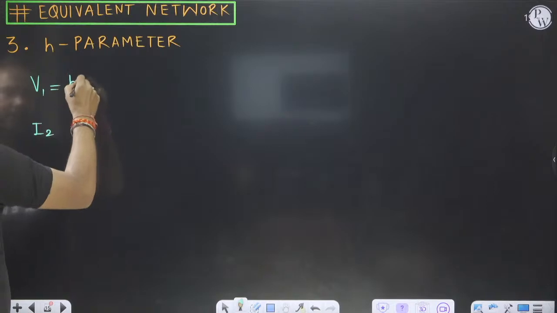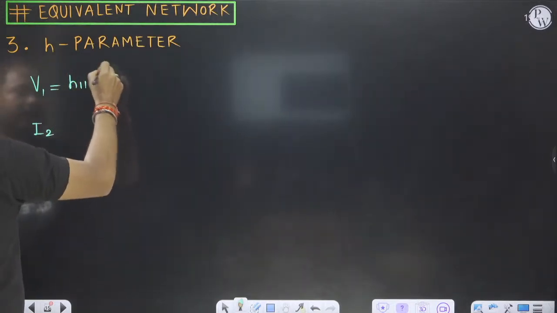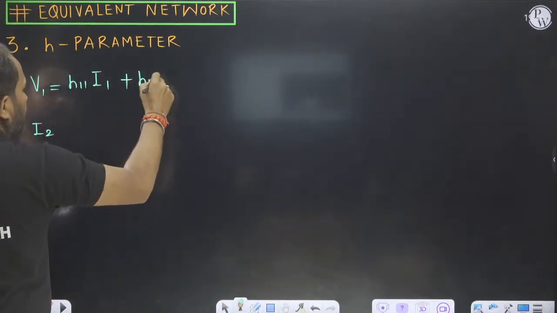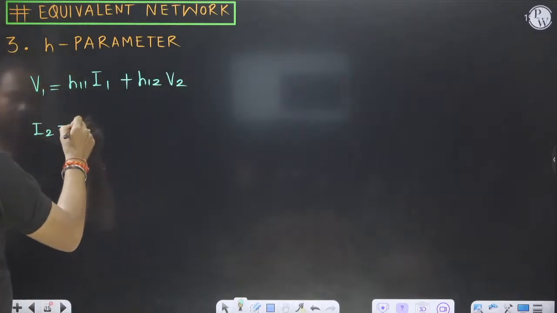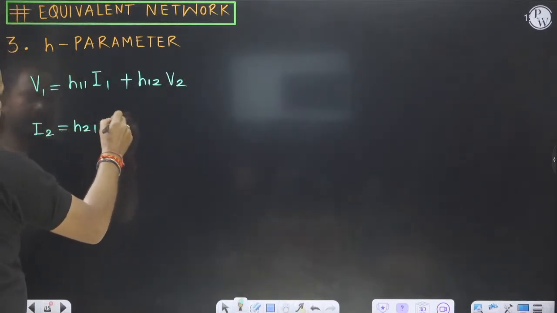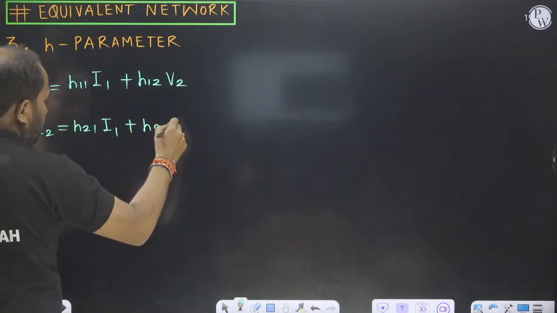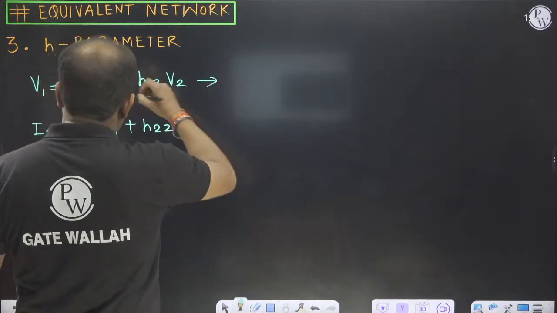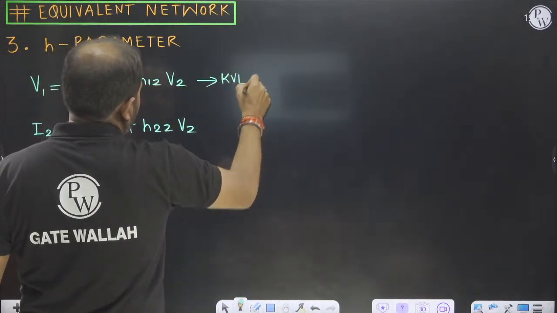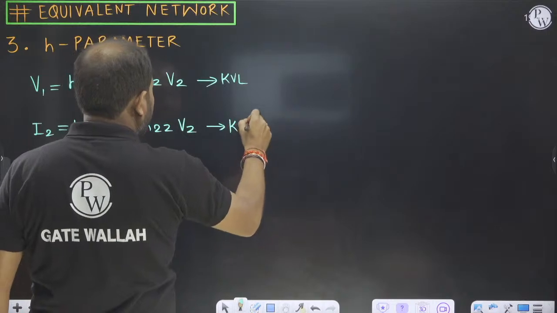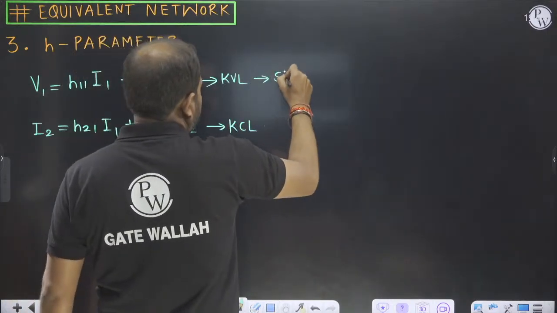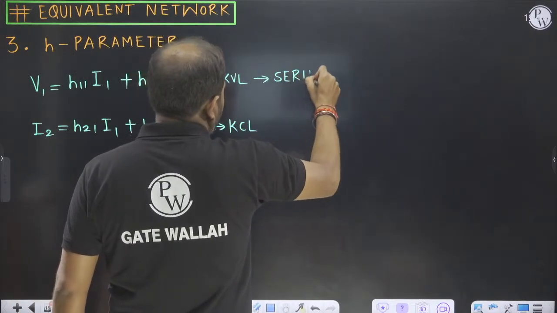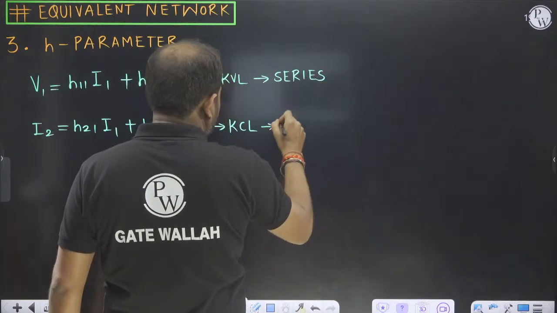We have V1 equals H11 I1 plus H12 V2, and I2 equals H21 I1 plus H22 V2. Here the first is voltage, KVL, series, and the second is current, KCL, parallel.